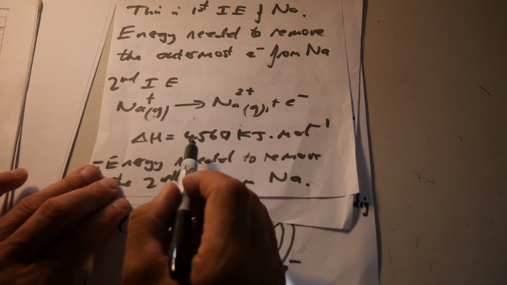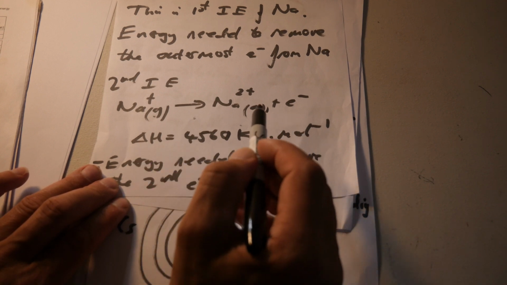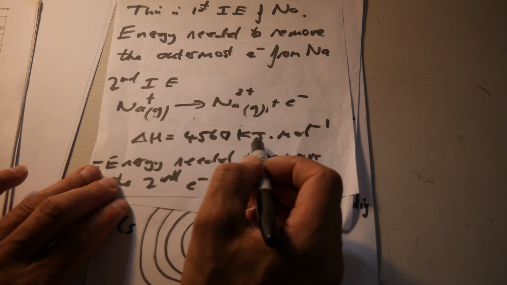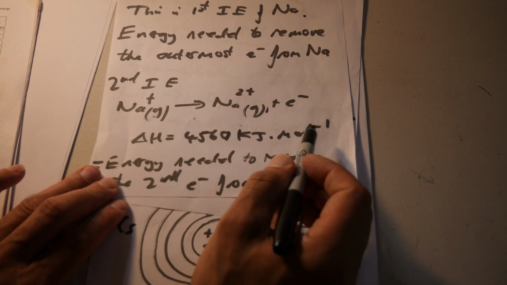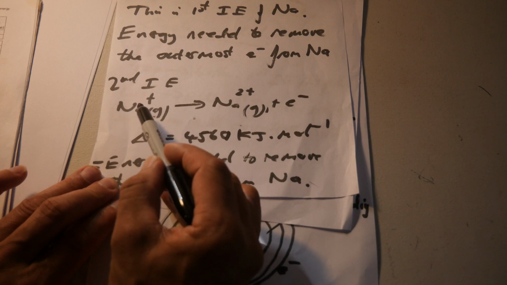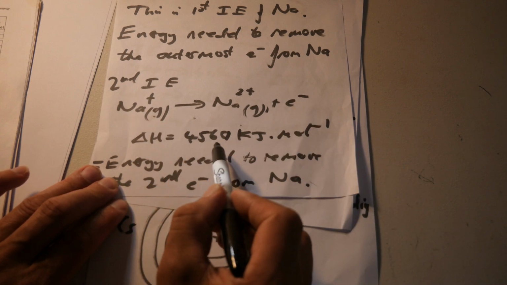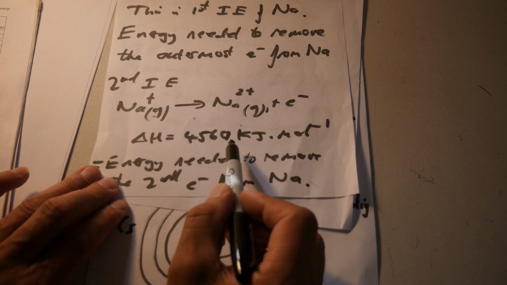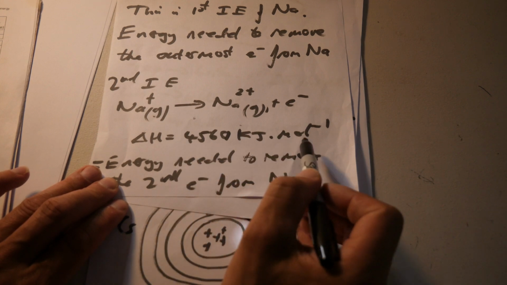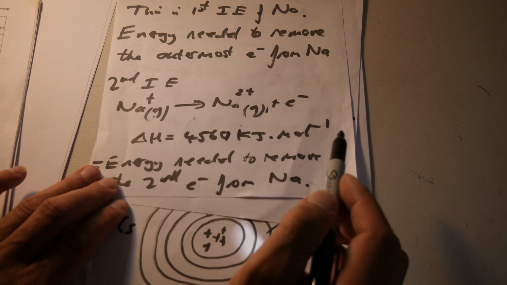This is a measure of energy, kilojoules per mole, because it's dealing with 1 mole of atoms and 1 mole of electrons, so you must write the total amount, the size of the energy plus the units, kilojoules per mole. Otherwise it has no meaning.